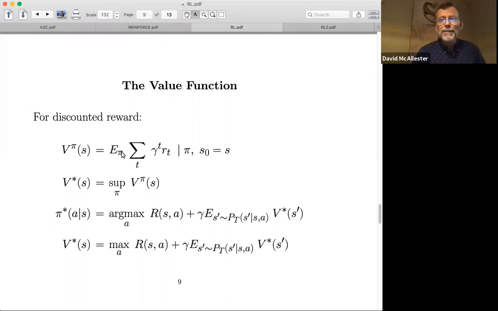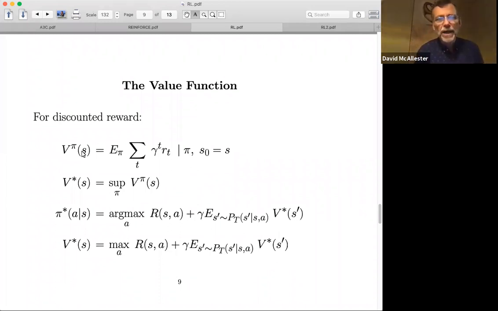If I've got a given policy, pi, this does not have to be the optimal policy. For any policy pi, I'm going to define the value of a state under that policy pi to be the expectation over acting by that policy of the discounted reward given I start in that state. So for each state, and now eventually I'm going to assume that there's a finite number of states.